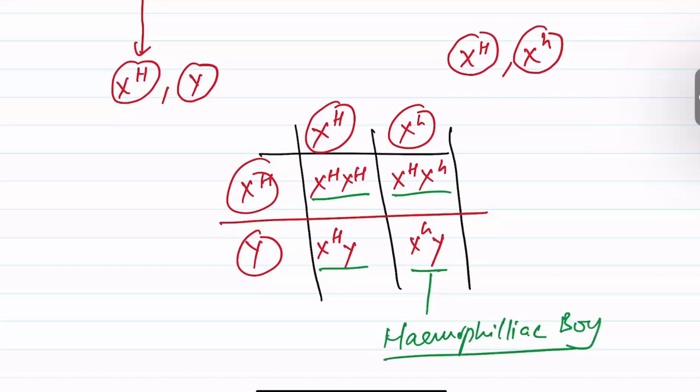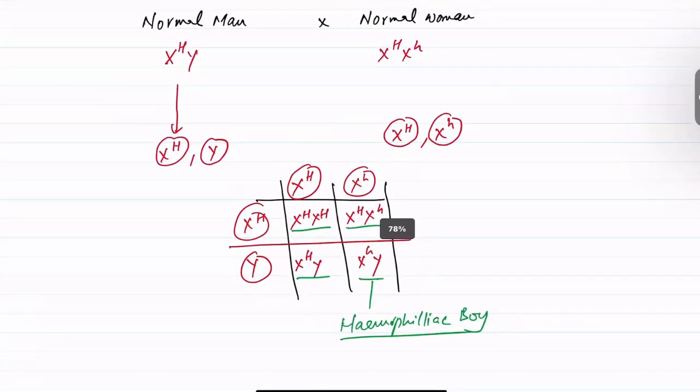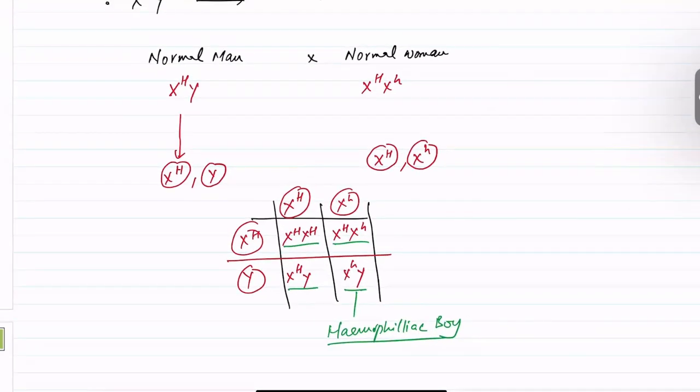Okay, so 25% chances to have hemophilia. But if we have the cross reversed, the woman is normal and the man is hemophiliac.